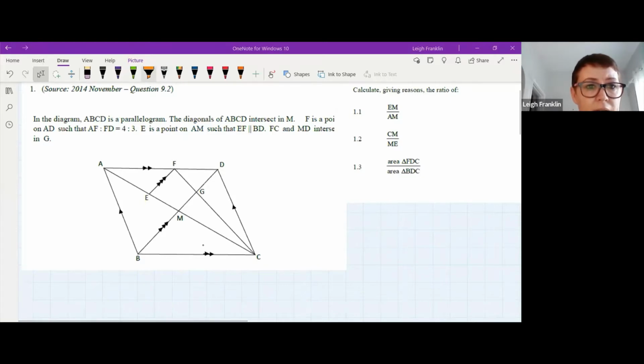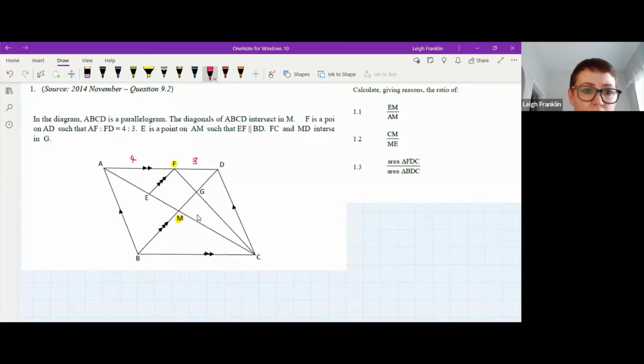Let me highlight M in yellow. Here's M over here. F is a point on AD such that FD is to AF is 4:3. So this is 4 and that's 3.